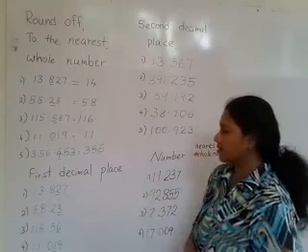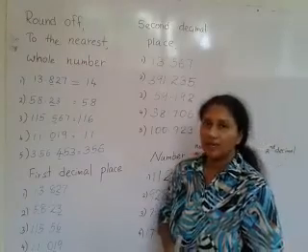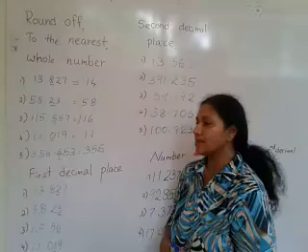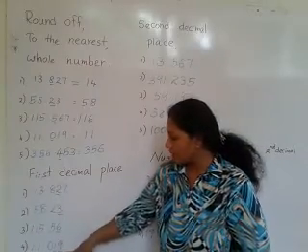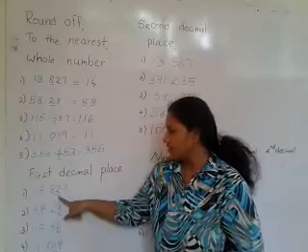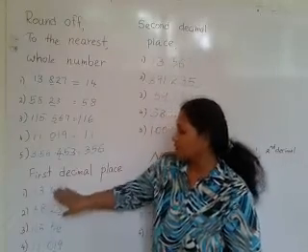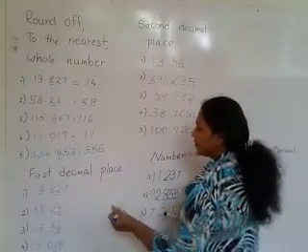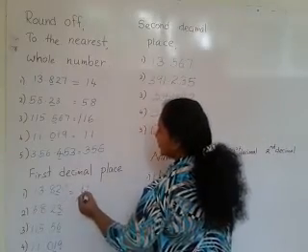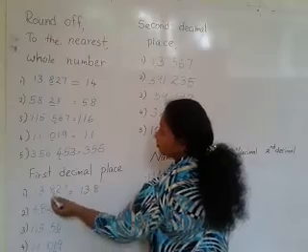Then we check whether it is more than or less than 5. Less than, less than, more than, less than. If it is less, we don't change the previous number. Our previous number is 13.8, no need to change.